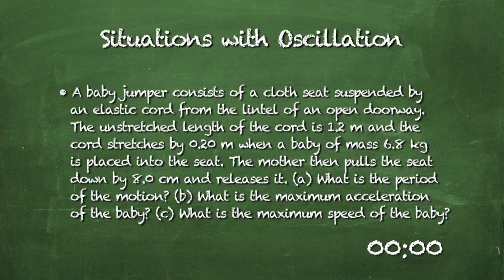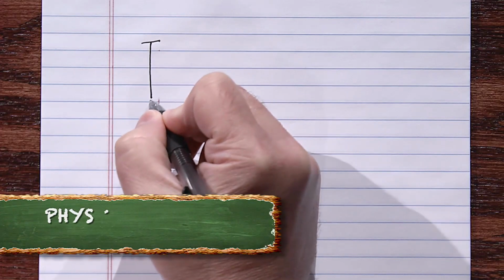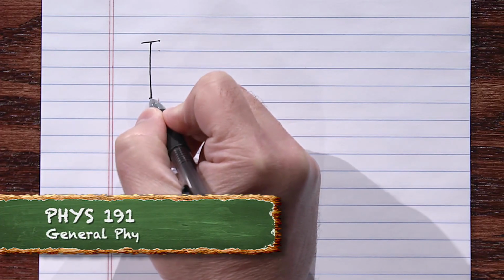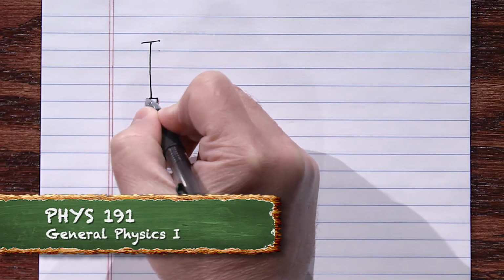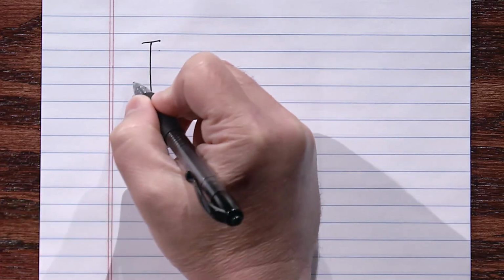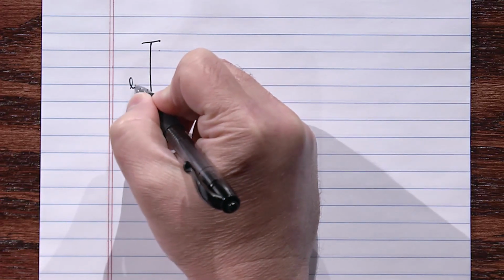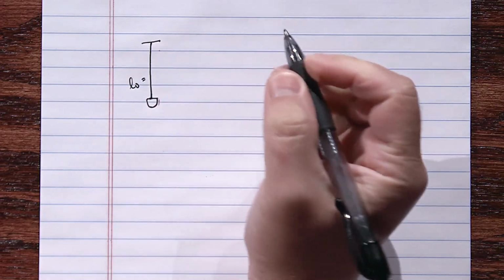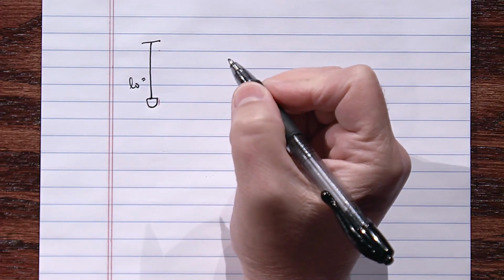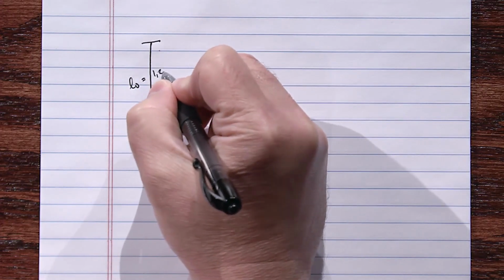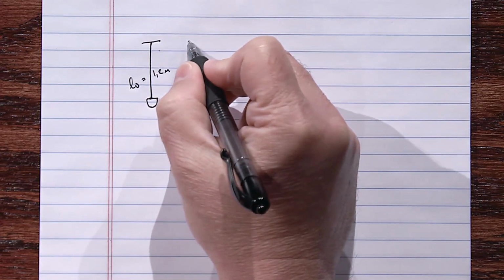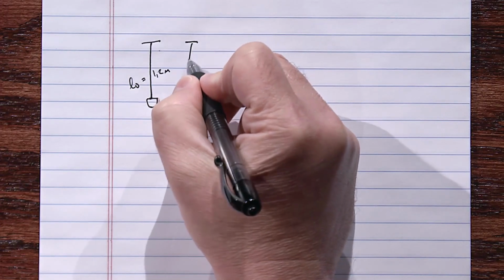Okay, I'll draw a few diagrams here. Here is the baby seat. I guess it looks something like that. And the unstretched length is 1.2 meters. Then the next thing we do is we put the baby in.